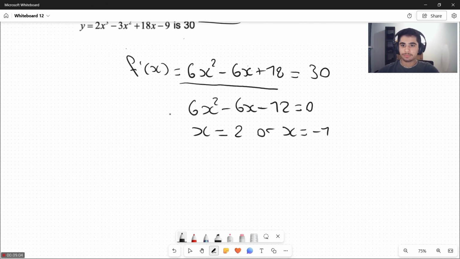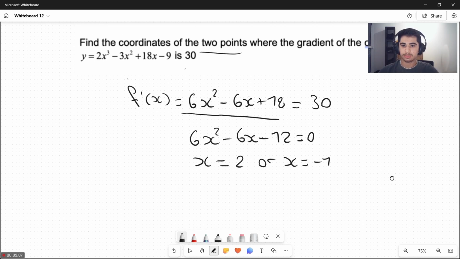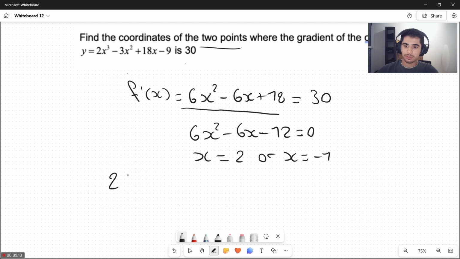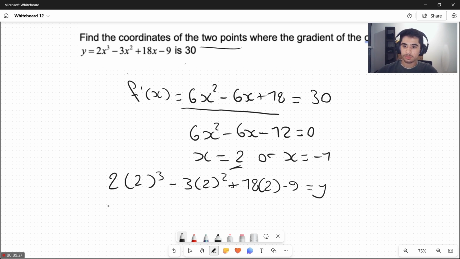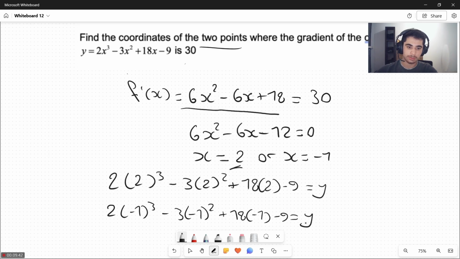Okay, so we'll say 2, because of this one, 2 cubed minus 3 times 2 squared plus 18 times 2 minus 9 is equal to y, and also minus 1 cubed minus 3 times minus 1 squared plus 18 times minus 1 minus 9 is also equal to y, and you just find your y's.